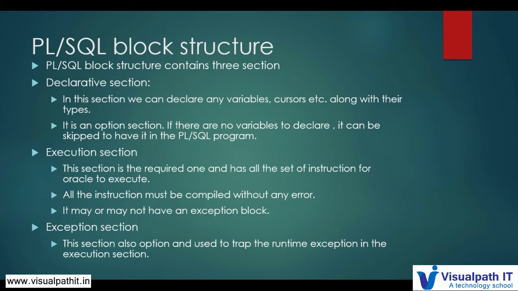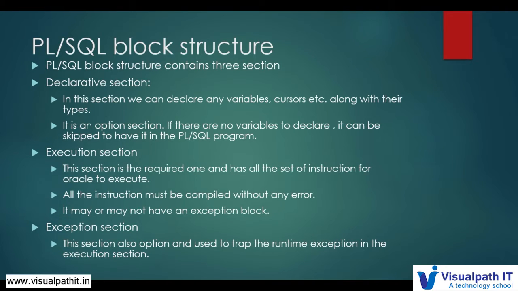So in that situation you don't want to bomb out your program, or rather you want to handle those situations. Whenever that situation occurs, what sort of action should your program follow? That logic you can write in exception handling, this exception section.